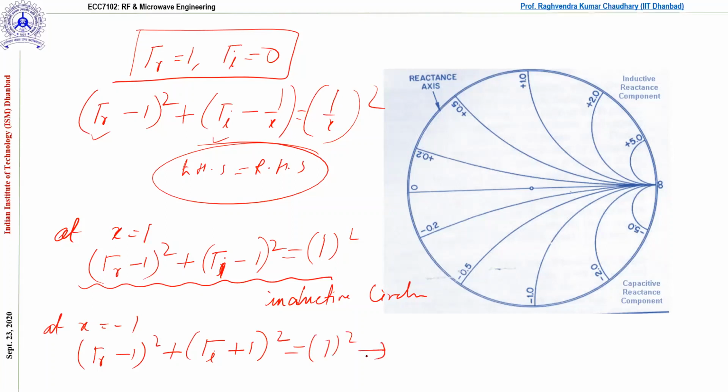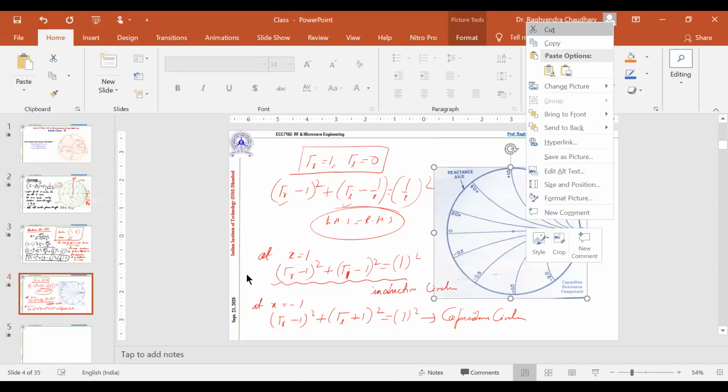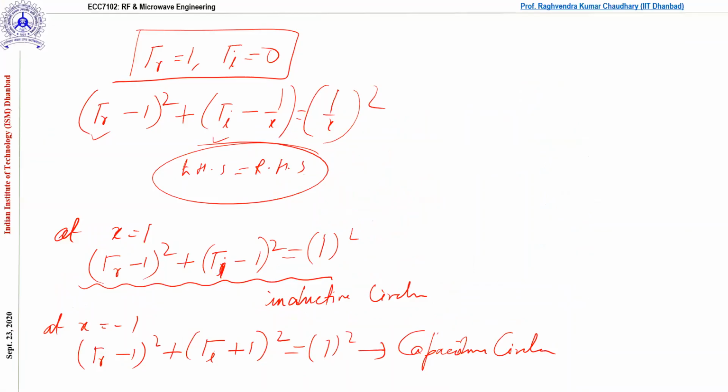This is for the capacitive circle. Fine. If I draw this, we can mark the x's first. This point is 1, this is minus 1, this is plus 1 again, and this is minus 1. So we can expect a square.